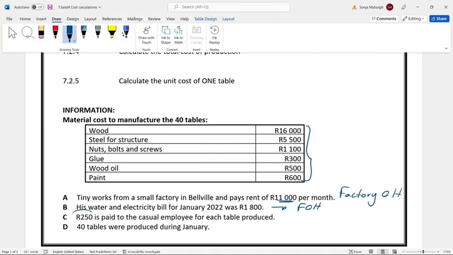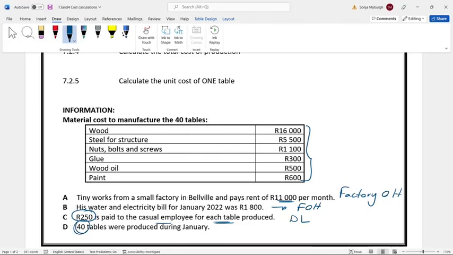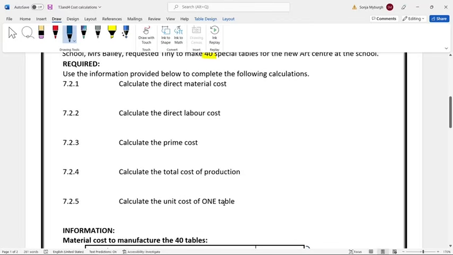Then he pays 250 Rand for a casual employee for each table produced. That will be direct labor. And then again, 40 tables were produced during January. First calculation, calculate the direct material cost.